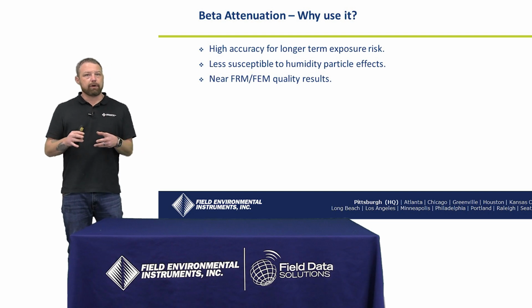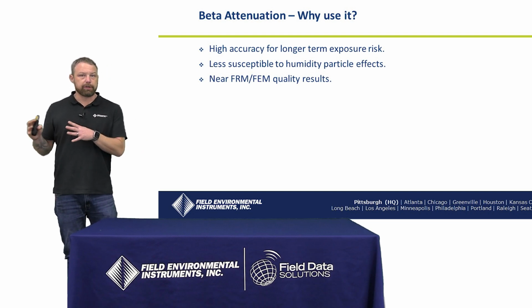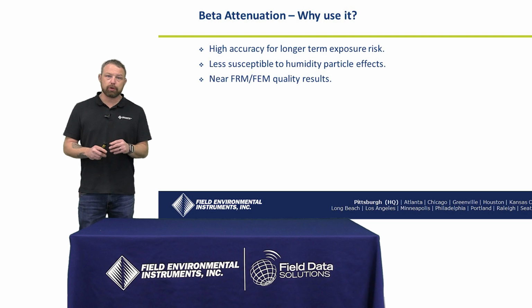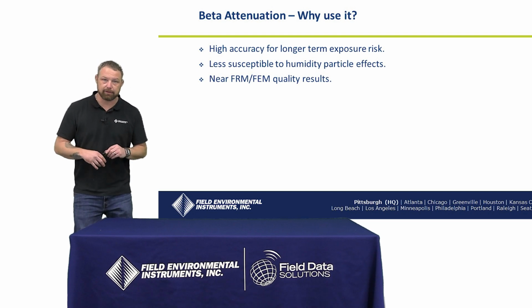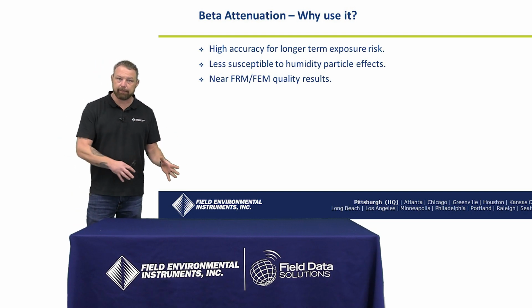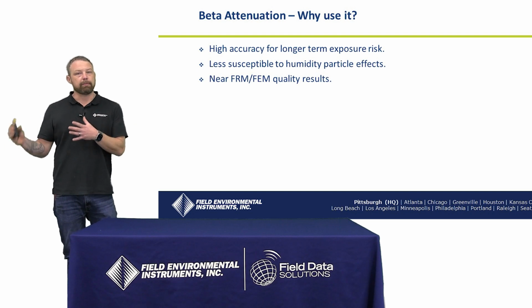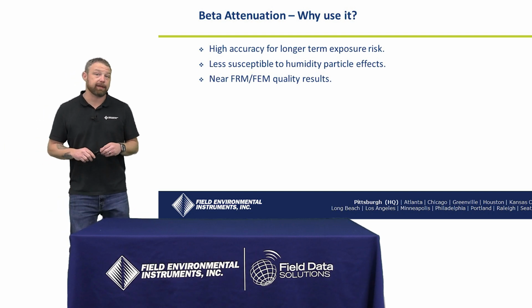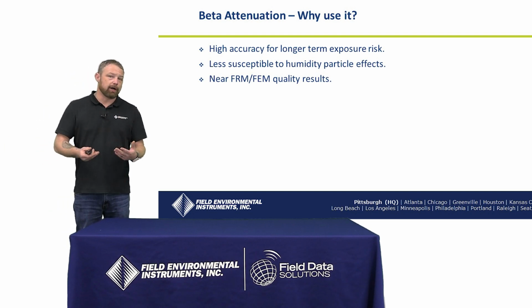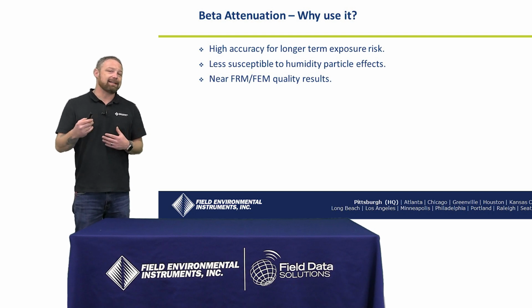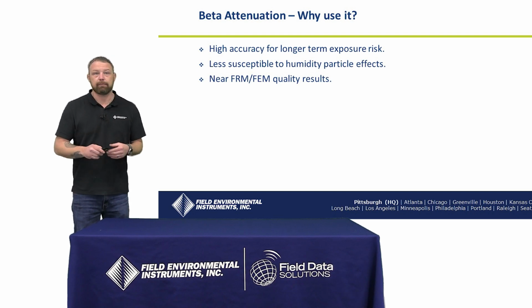It's near FRM or FEM quality results, but as I mentioned before, it is not designated as either, specifically on the EBAM model. You'll remember on one of my first slides, I had the EBAM Plus, which is a newer model from Met One Instruments. That does carry an FEM designation for PM 2.5.